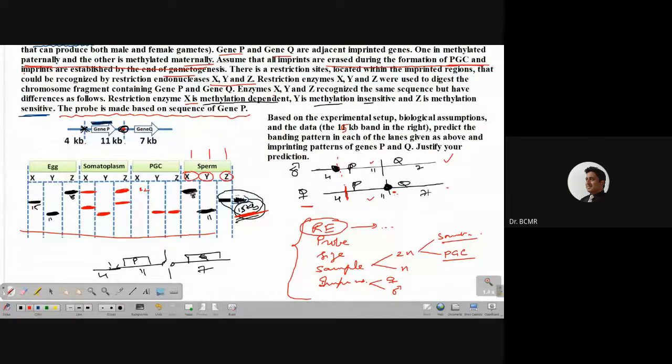You should always use a lot of rough paper and draw these things out. The more you think on paper, the better you will get, and you will have some clarity for solving problems like this.